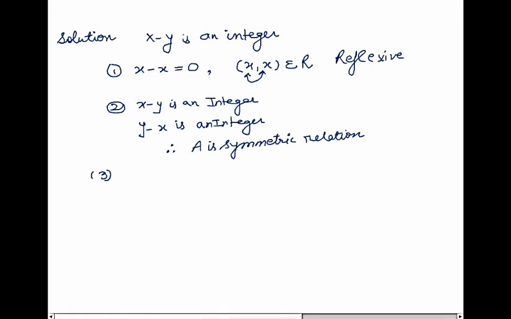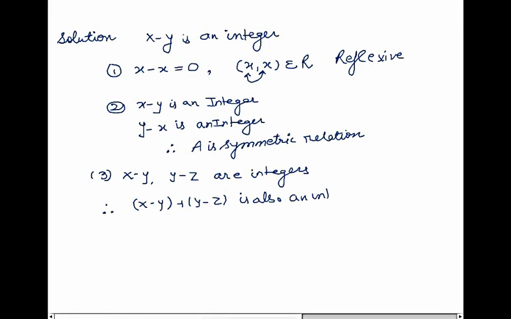Now we need to check for transitivity, and if we have two integers like x minus y and another integer y minus z, and we know that the sum of two integers is again an integer, therefore x minus y plus y minus z is also an integer, and that gives x minus z is an integer, and from this we can say that A is also transitive.